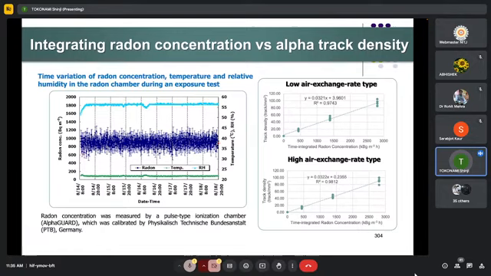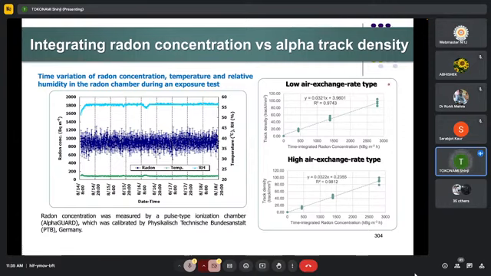Radon concentration was measured by the AlphaGuard, a pulse-type ionization chamber, which was calibrated by PTB, Germany. After taking the radiators out of the exposure chamber, we proceeded with the data analysis, and we got the result like this.